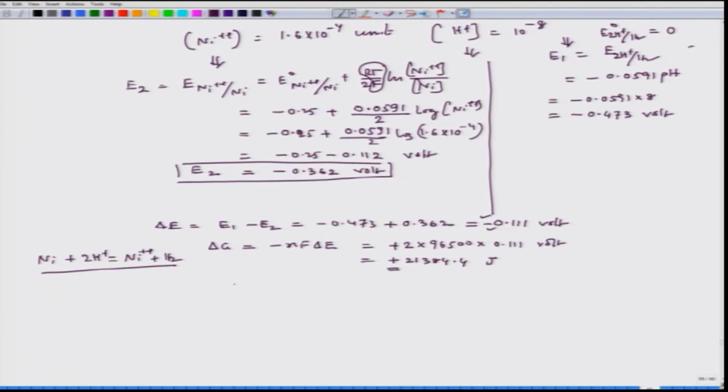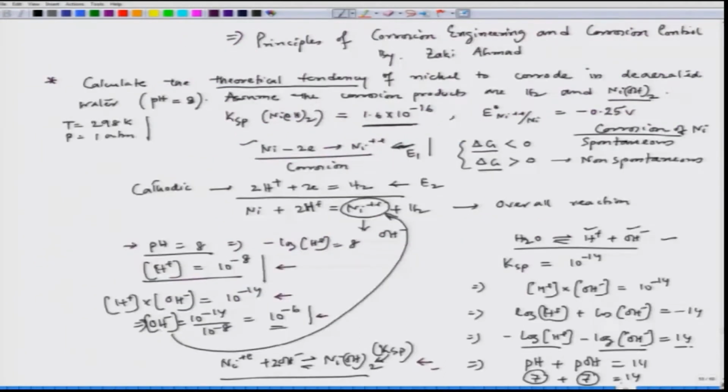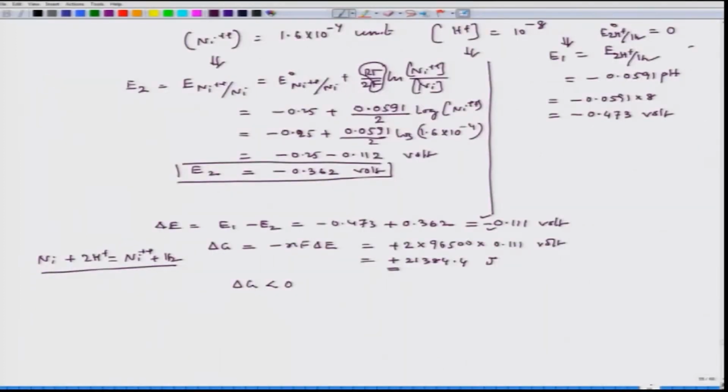So, for a spontaneous process, del G should have been less than 0. As we have seen before, in this section I am talking about, del G negative means spontaneous, del G positive means non-spontaneous.